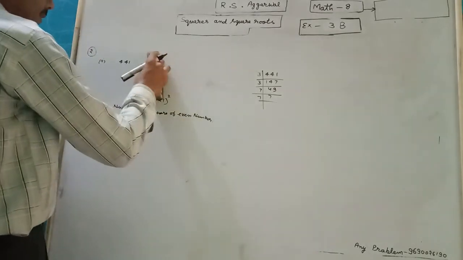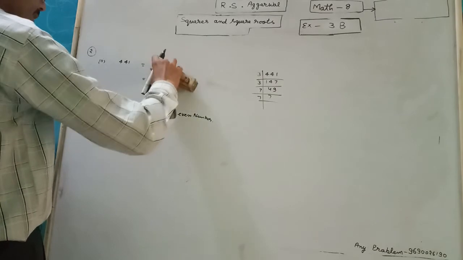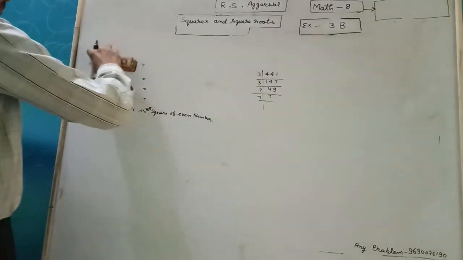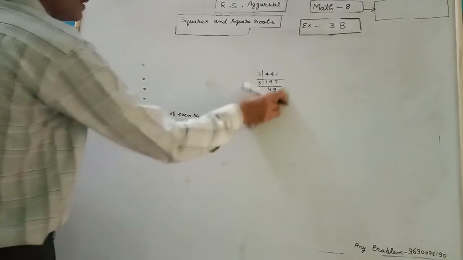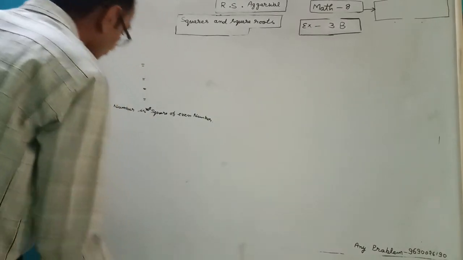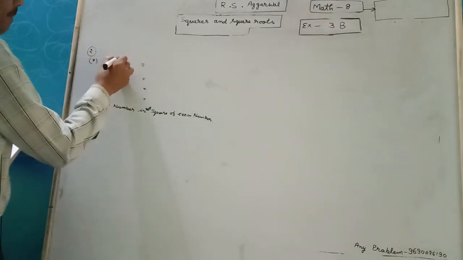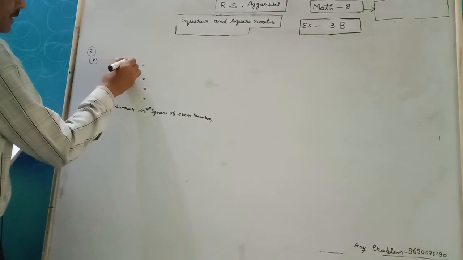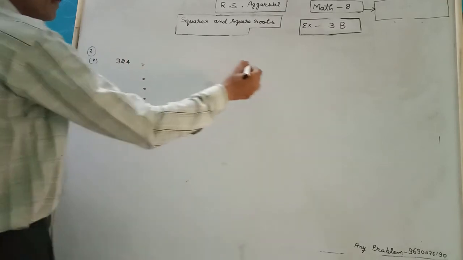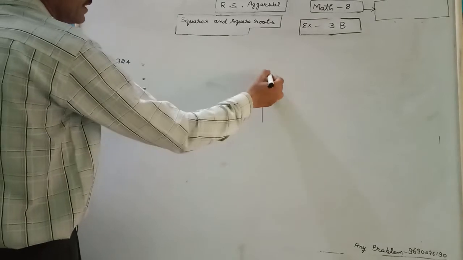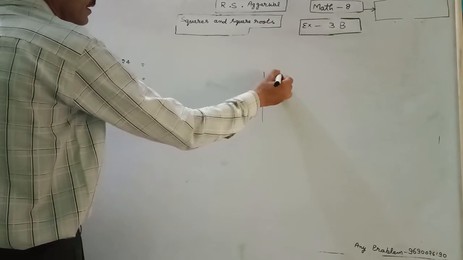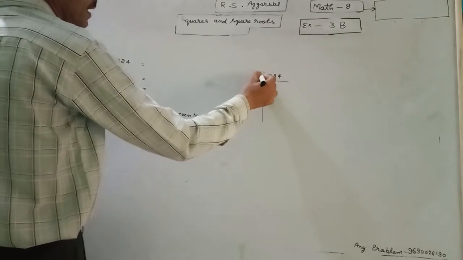Fifth part is 325. 325, do the factor. Divide by 2.